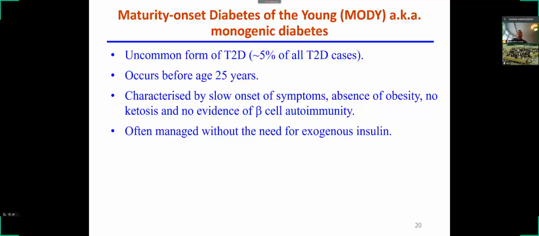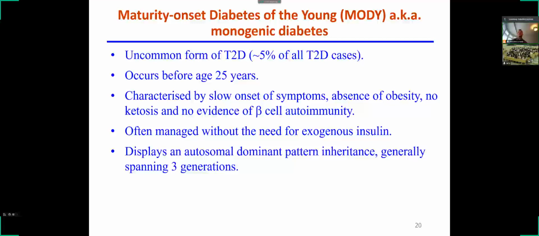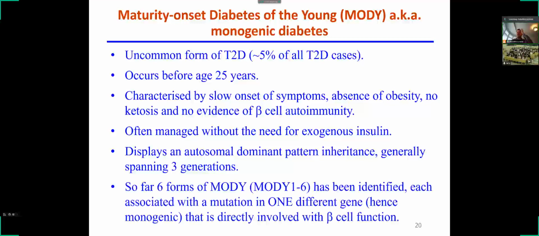And the nice thing is it's often managed without the need for exogenous insulin. It does, however, display an autosomal dominant pattern in inheritance, generally spanning about 3 generations. So far, there are 6 known forms of this identified, each associated with a mutation in one different gene that is directly involved with beta cell function.